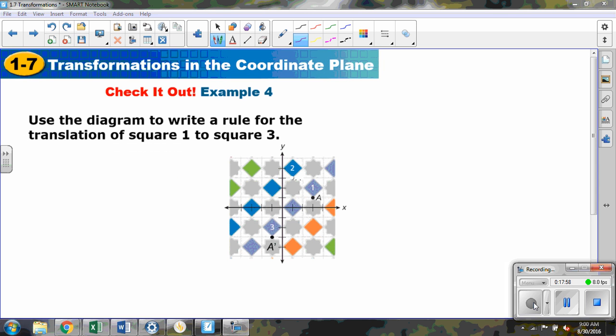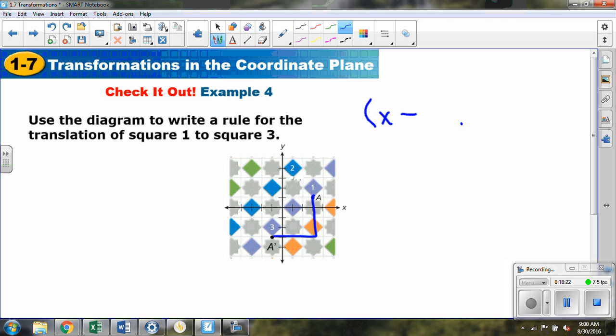All right, so write a rule. To go from square 1 over to square 3, what do you have to do? Well, from square 1, we know we will have to go down, and we will have to go left, matching up point A with point A prime.